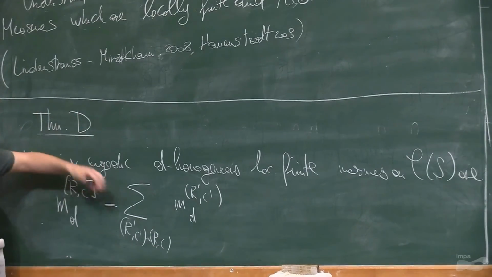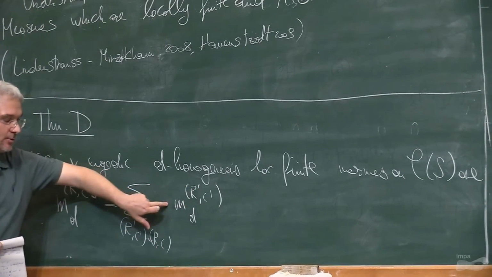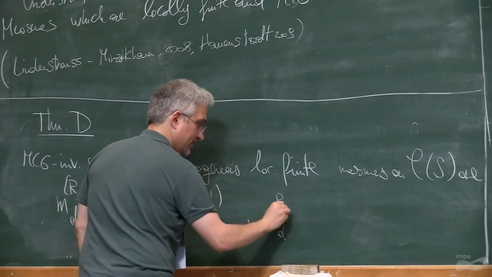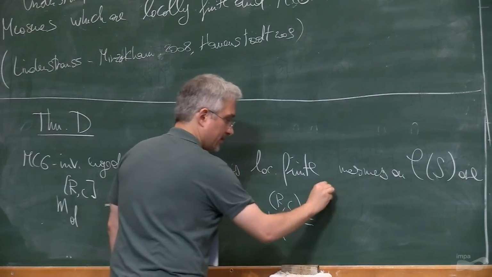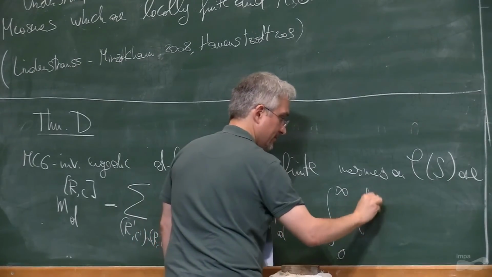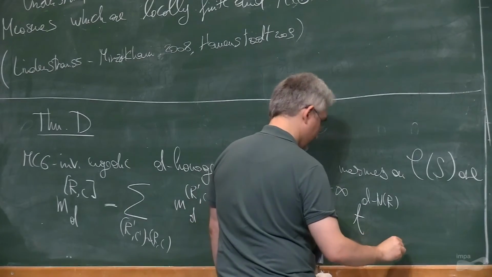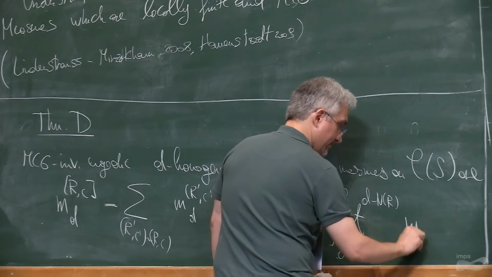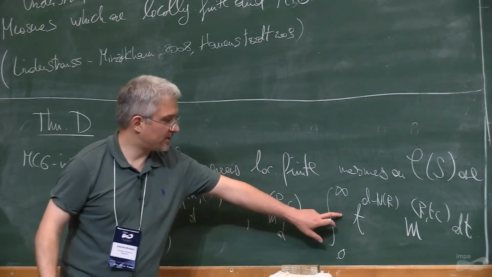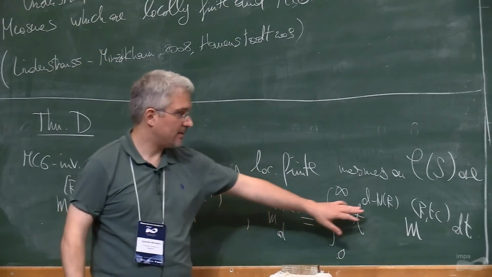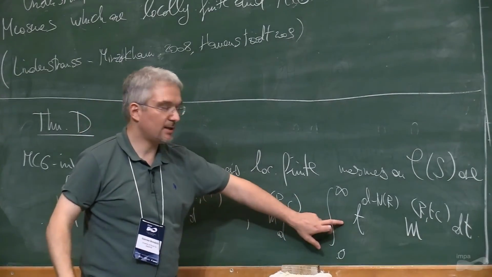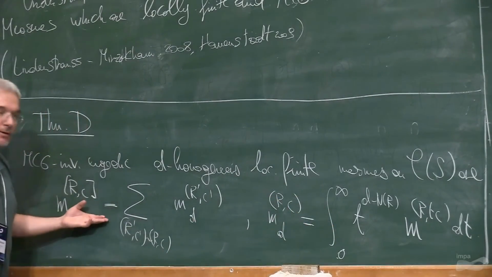I make it mapping class group invariant by adding these homogeneous measures, and this is just the homogenized measure. So this is the integral from 0 to infinity of t to the d minus n of r of the measure m_rc at t, dt. So this is just the explicit formula to say I take this measure, m_rc, the non-homogeneous one, and then I make it homogeneous along this ray. So just integrate it to make it homogeneous. And then they're all of this type.